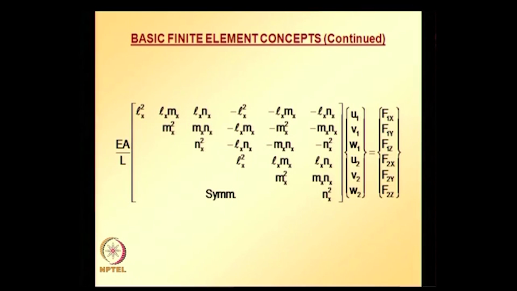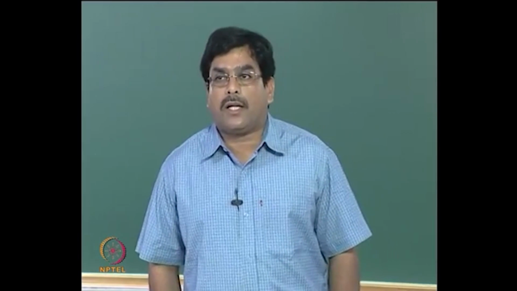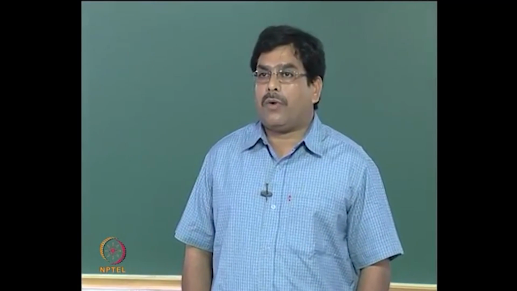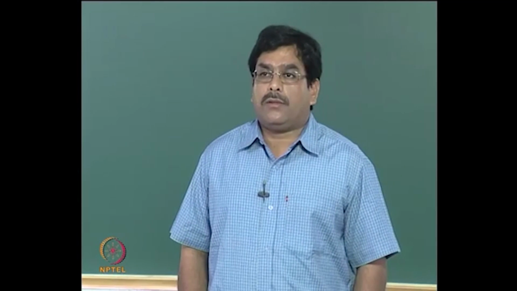we can get the global element equations for a 3D truss element in this manner, and it is easy to memorize this equation system without much effort. If we remember one quadrant of this stiffness matrix, we can write the components in the other quadrants.